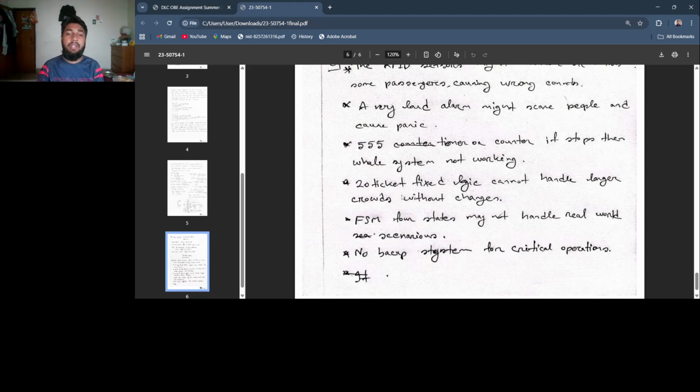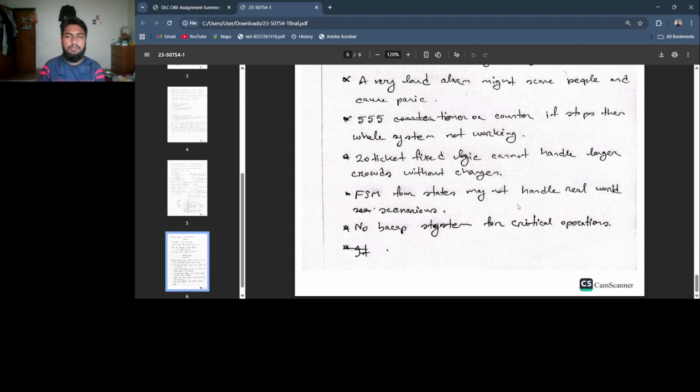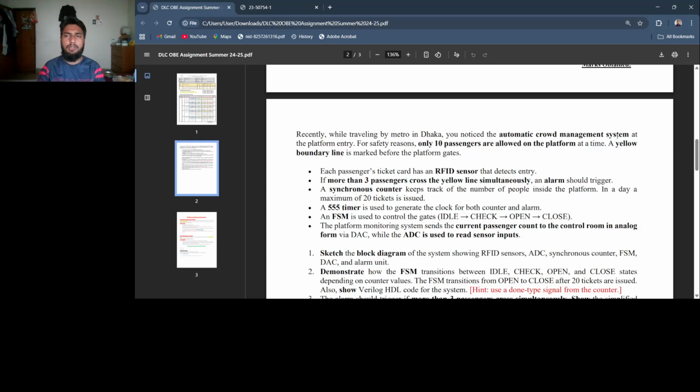There is a very big error: the fixed 20-ticket logic cannot handle larger crowds without changes, and the FSM for states may not handle real-world scenarios. There is no backup system for circuit operations. I found those types of errors in this automatic crowd management system.